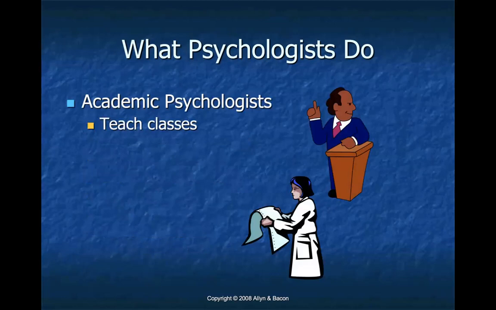So as I said, I'm an academic psychologist. I teach classes. I conduct research. But here at CCAC, since we don't have students living on campus, very few of our professors are full-time professors. You might have one or two of them doing some research, like Deborah, I'm trying to remember her name. Is it Carney?